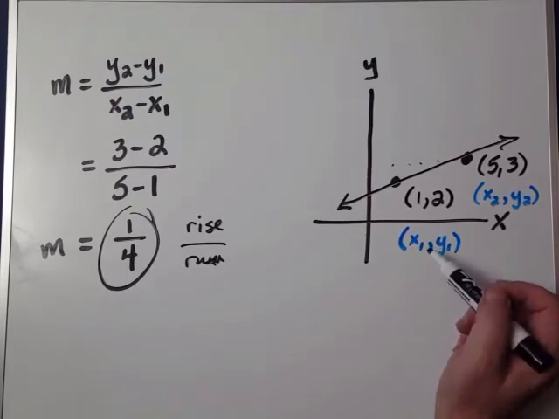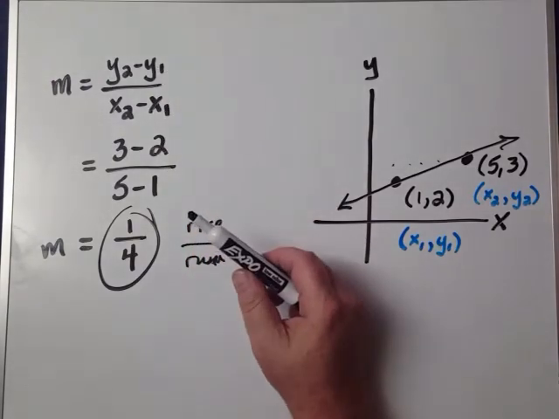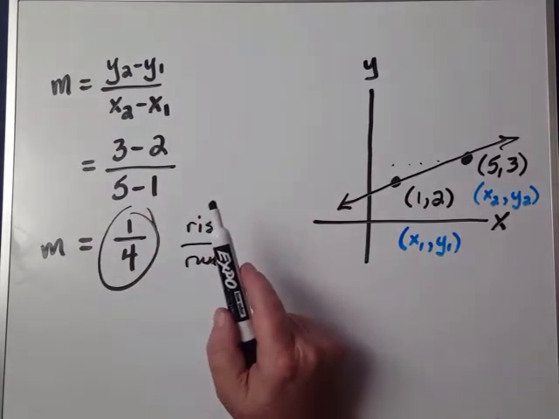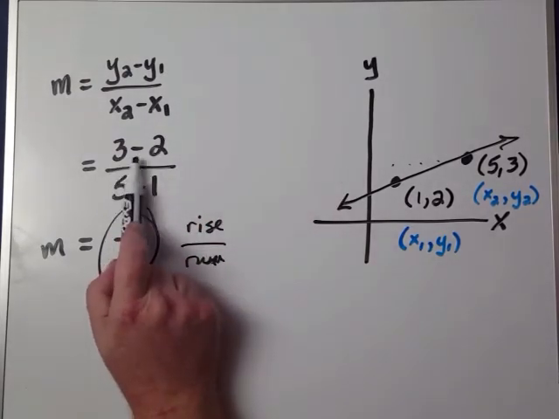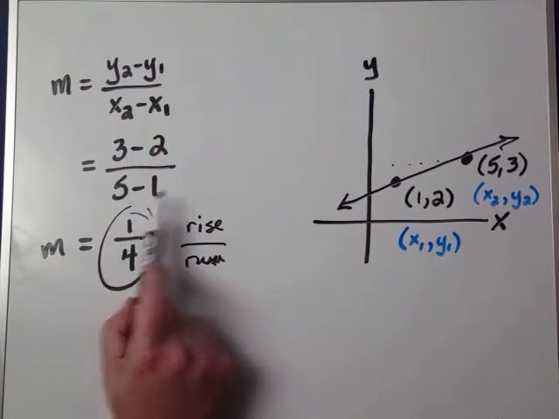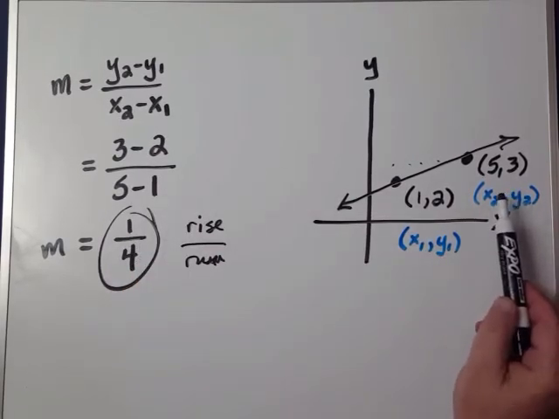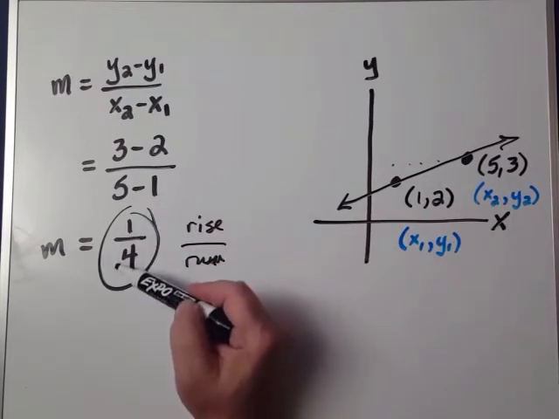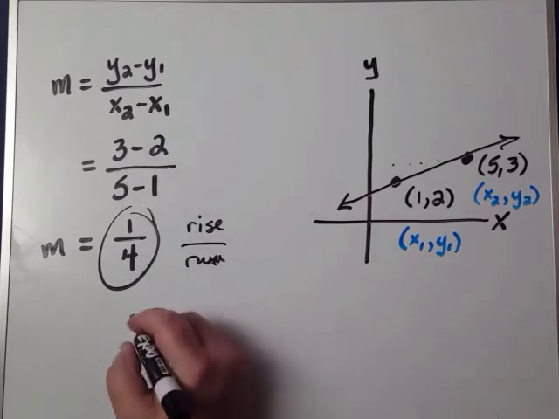Common mistakes. Putting the x's on top, as well as reversing one of your differences. For example, if I put 3 minus 2, but then over 1 minus 5, subtracting my x's the other direction, I would have gotten what? 1 over a negative 4, a negative 1/4. These make great multiple choice problems.